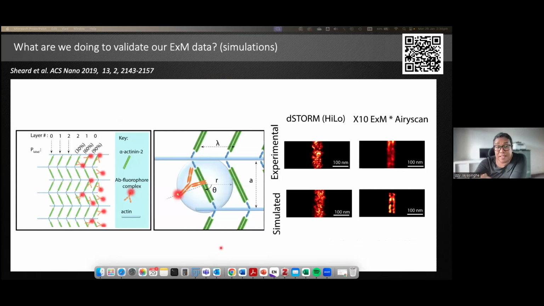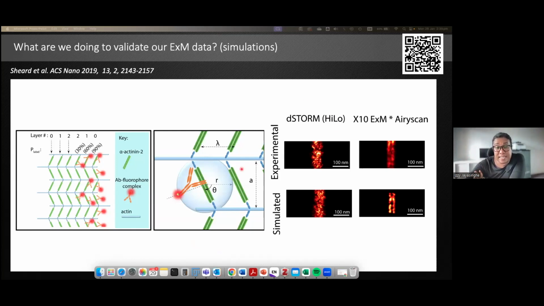For looking at those fractalin bands, we worked out very quickly that the double-banded structure came from a labeling gradient, because it's a 6-layer lattice. When you apply antibodies, they tend to label the outsides really strongly and then get weaker as you go inside.